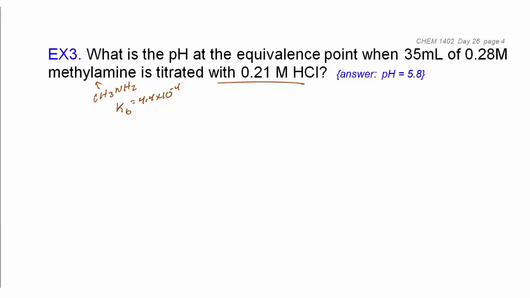So what we're after then is its conjugate acid, because they're titrating with an acid. We need the moles, all over the initial and the equivalence point.